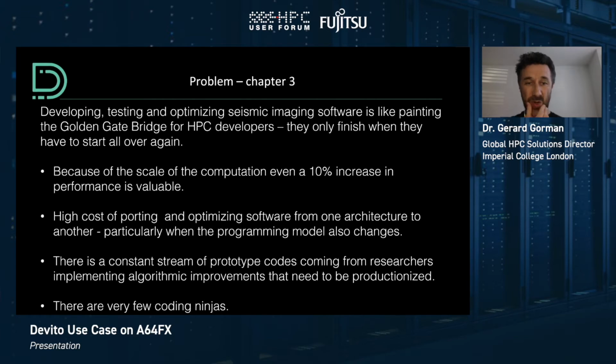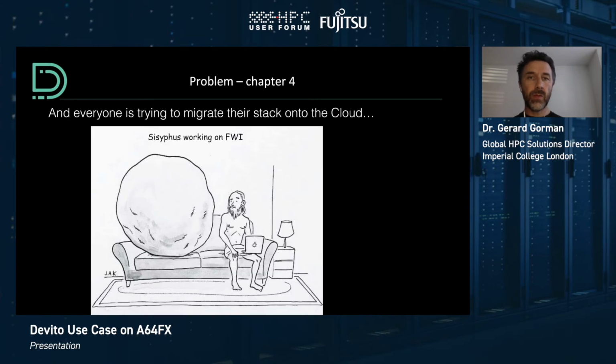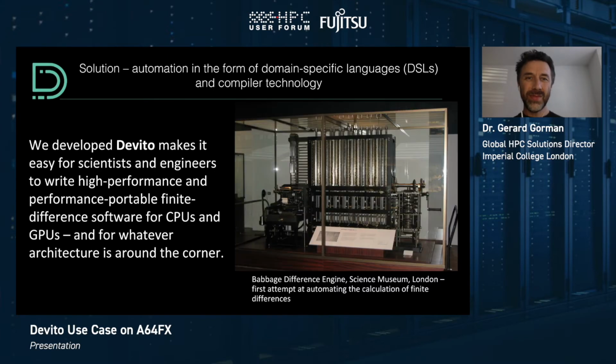But this is problematic as well because there aren't that many coding ninjas out there. And then, of course, there's the cloud. This is just yet another rock that needs to be dealt with. So again, all of this is a lot of work.